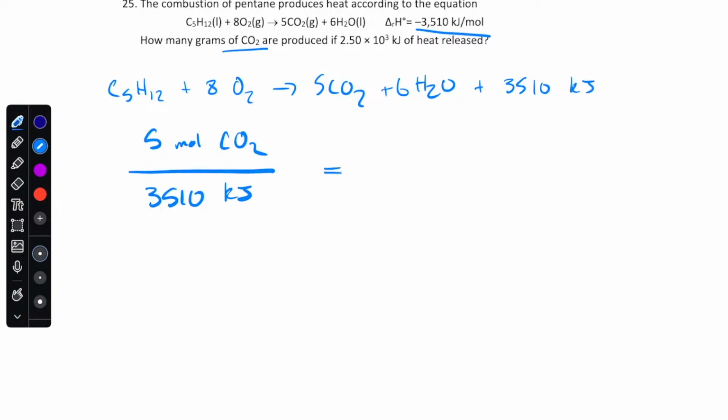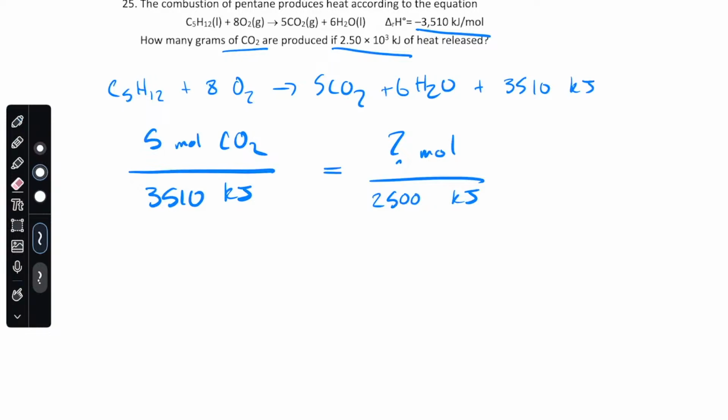And so what we want to know is how many moles do you get if you have this much, which is what, 25000 kilojoules? No, I put too many zeros. It's just that.